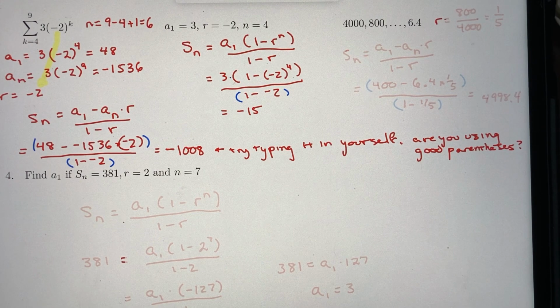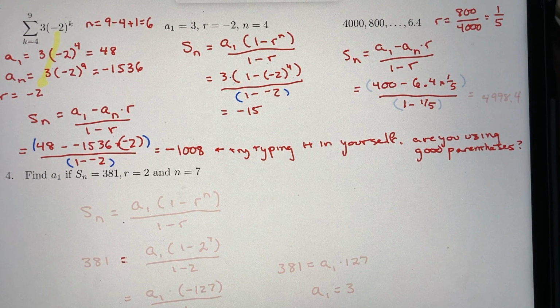Okay, what is r? Cancel. 8 over 40 is 1/5. So I'm given an, so okay.